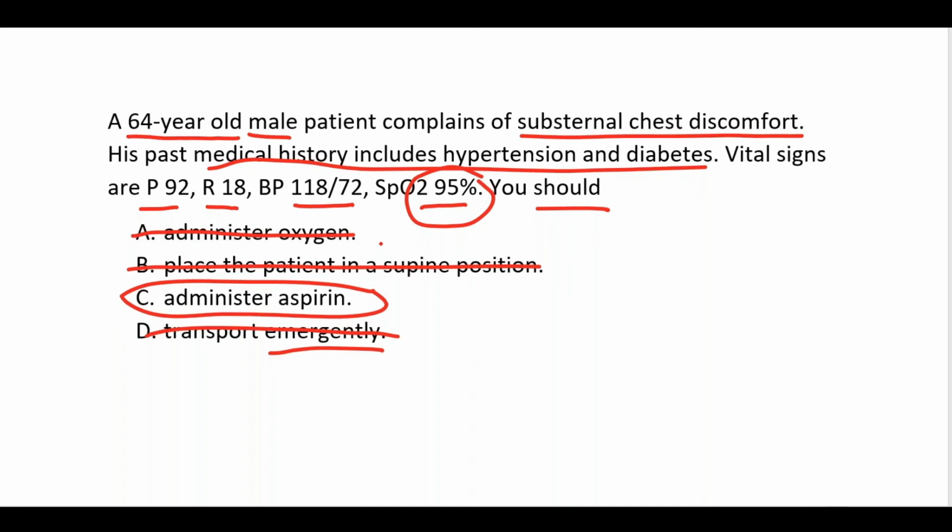And what's the most important thing here is to have them chew some aspirin. And that's because your books say it, the American Heart Association says it, and that's really what this is about. So this shows you the difference between a classroom exam and a National Registry style question, not only in the way they're written, but in the judgment and the things that they demand.